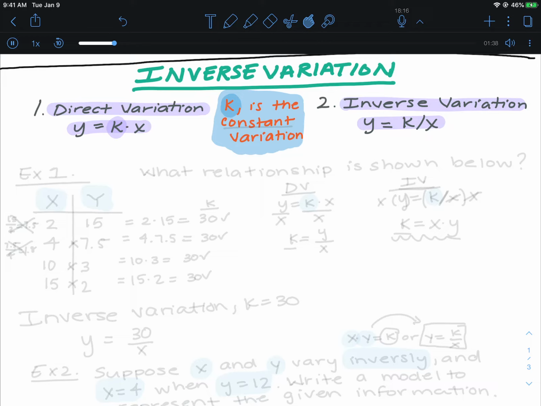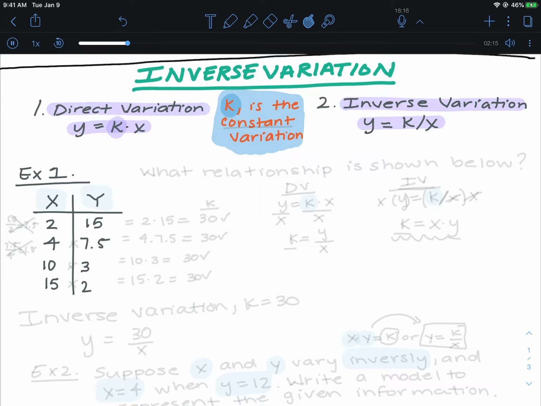So the best way for me to show you guys how this works is literally to go straight into an example. I'm going to give you guys a table. Example number 1, we're going to have a table of x and y values. The x values are going to be 2, 4, 10, and 15. The y values are going to be 15, 7.5, 3, and 2.